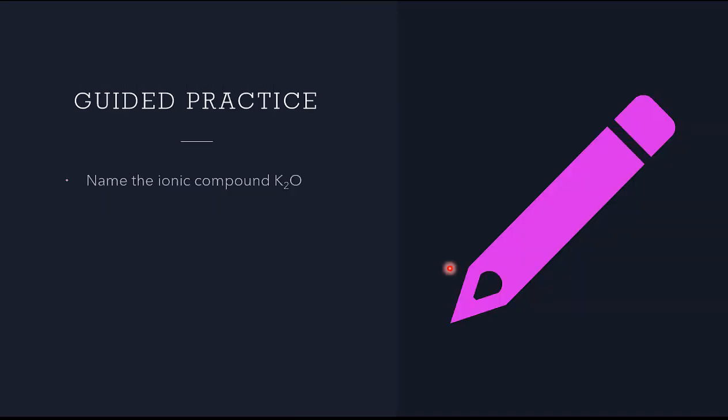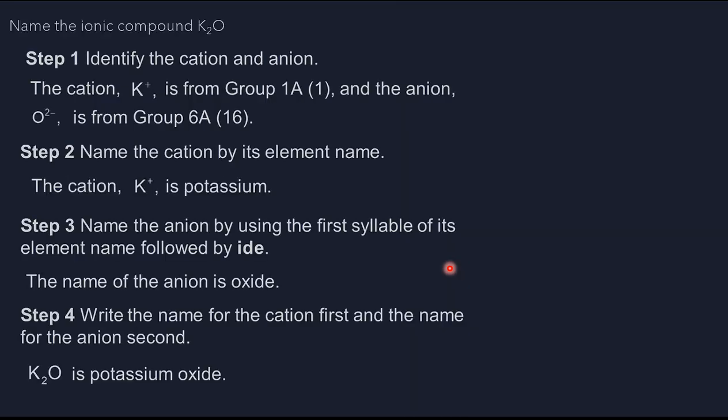All right, so let's practice this by naming the ionic compound K2O. So step 1, identify the cation and anion. The cation is K+. It is from the group 1A elements, and the anion is O2-, which is from the group 6A elements.